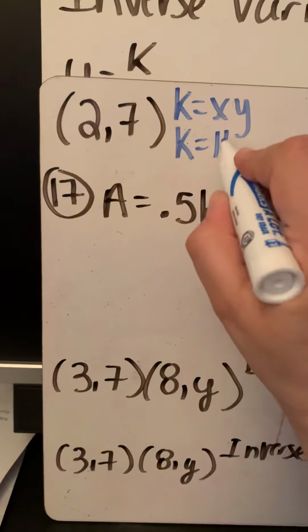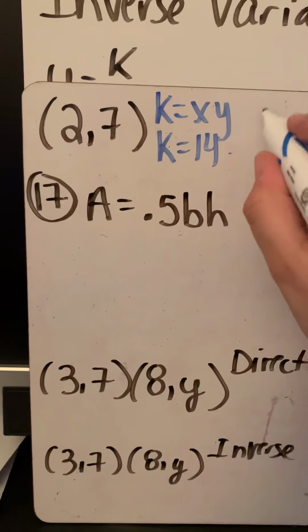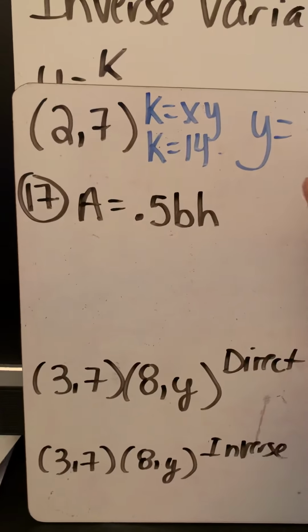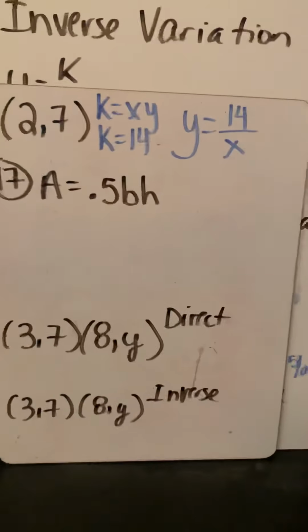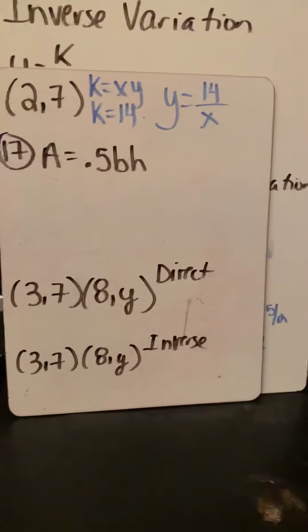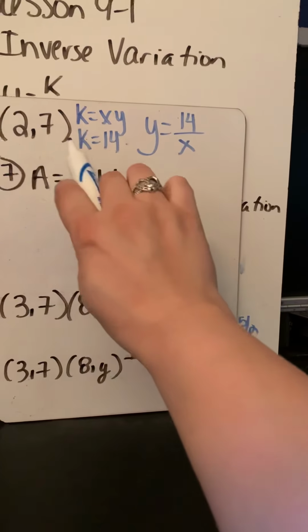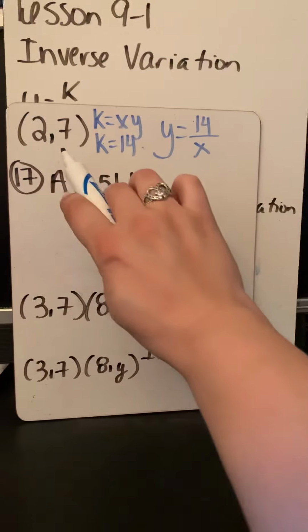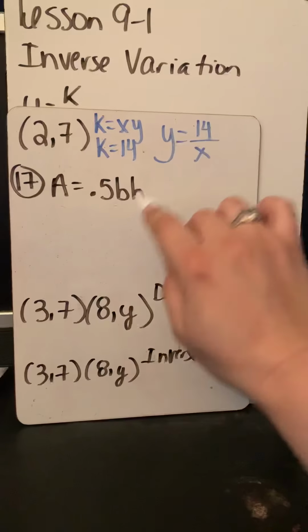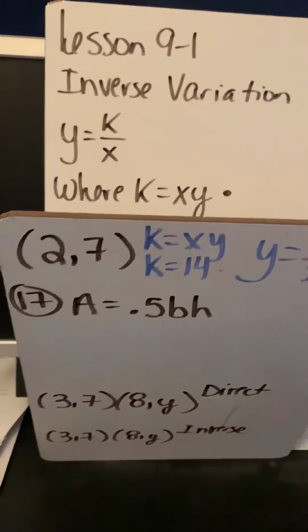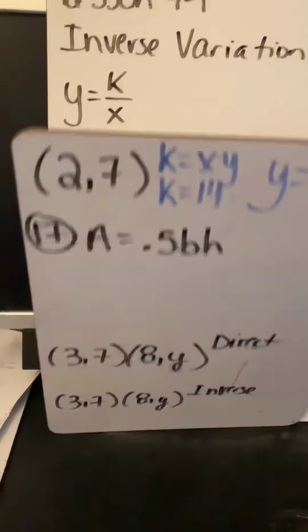Your k is 14. Now write the equation. Y equals k over x. It is that simple. 1-second problems, guys. Y equals 14 over x, because that's what the equation tells us we need to do.